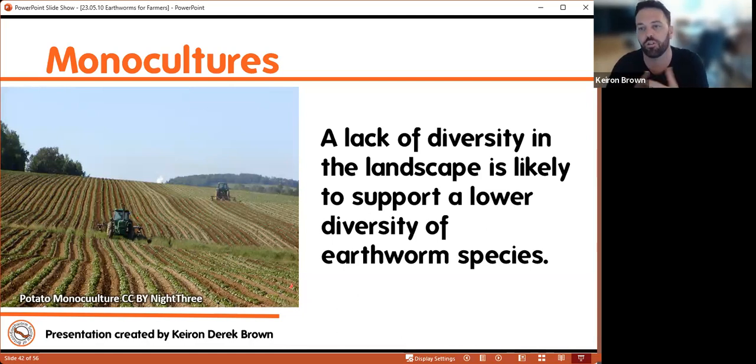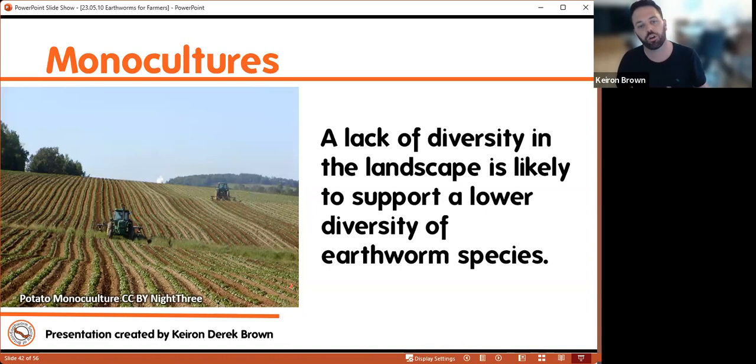I've talked about the different ecological categories of earthworms, but we have 30 different species in the UK, so there are going to be variations within those categories as well. There are going to be certain preferences, microhabitats that different species go for. The more varied a habitat, the more diversity of earthworms you're going to have.